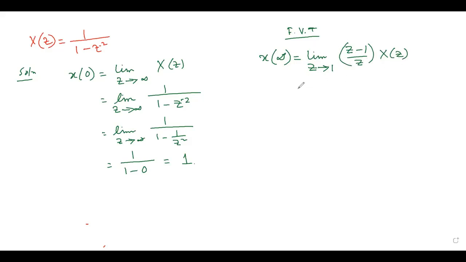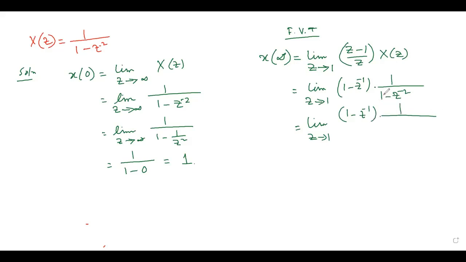So this one is limit z tends to 1. You can write this as 1 by 1 minus z inverse times X(z), which is known. Now in the denominator we have a square minus b square, that is (a plus b) into (a minus b).